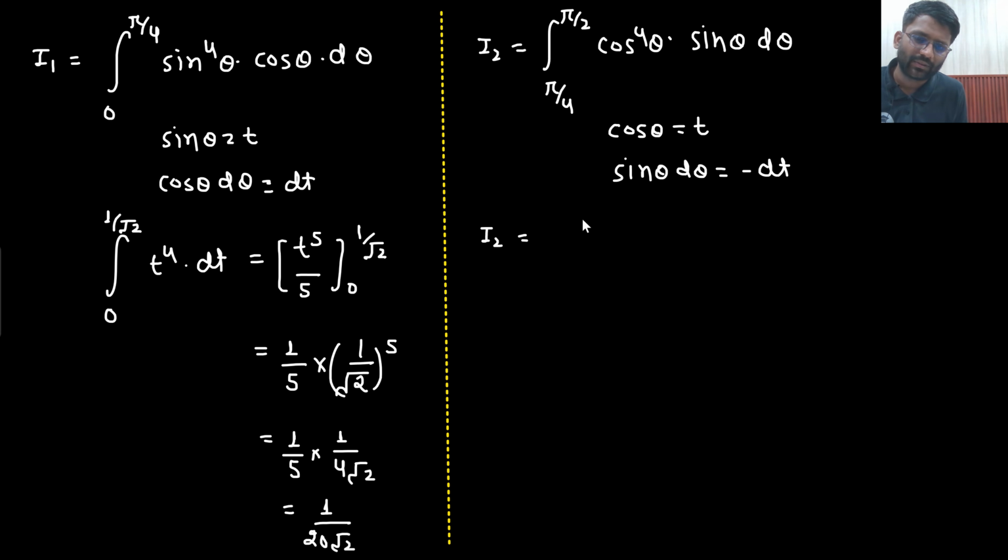So I2 will be, with cos pi by 4 being 1 by under root 2 and the other limit being 0, t to the power 4 dt with the negative sign outward. If I compensate for the negative sign, the limits become 0 to 1 by under root 2. So this integral we have already solved, 0 to 1 by under root 2, t to the power 4 dt. That will be 1 by 20 under root 2 only.